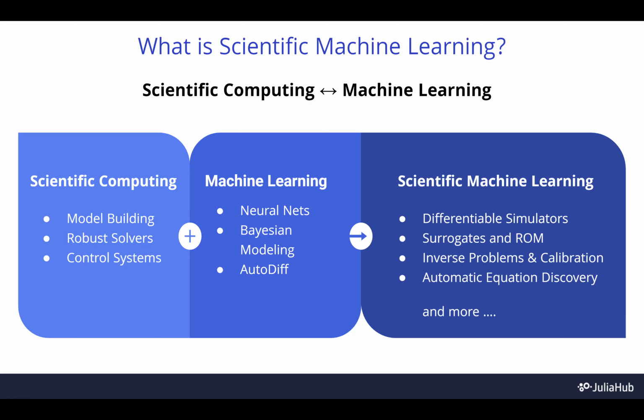So to give you a more fine-grained look at what scientific machine learning is, think about the blocks of scientific computing first. So let's say you're trying to design a particular pipe in which a fluid flows. You would then construct a model of the pipe, the model of the fluid, and you would think about interactions between the pipe and the fluid, right?